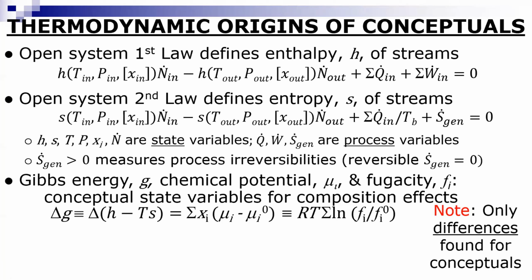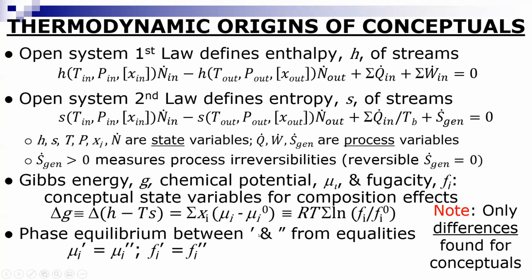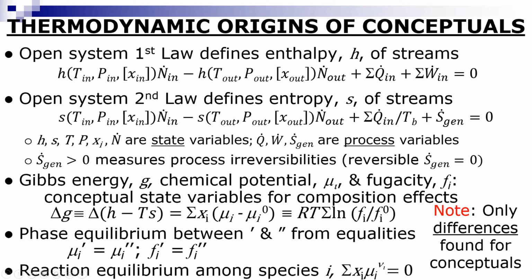So you have to have some kind of standard state in order to be able to get the value of the system you're interested in. Now, in phase equilibrium between two phases, prime and double prime, the chemical potentials of the components in these different phases are equal, or the fugacities are equal. And in reaction equilibrium, equilibrium is reached when the summation of the stoichiometric coefficient times the chemical potential of the species in the reaction is equal to 0.